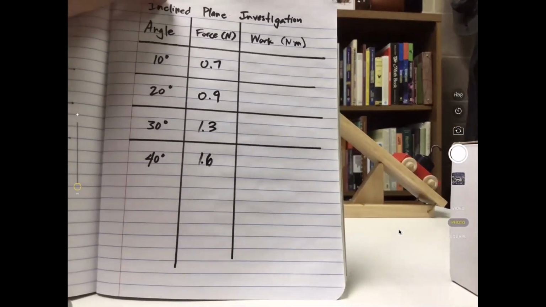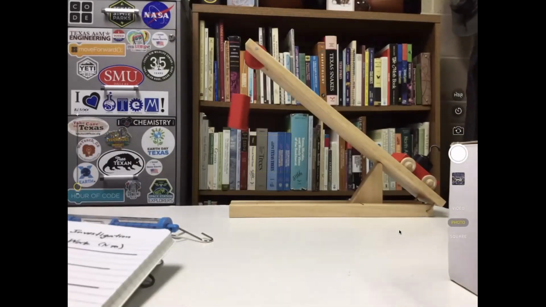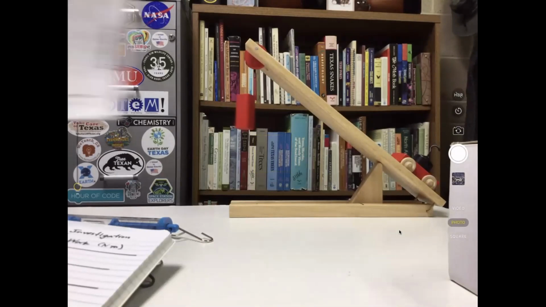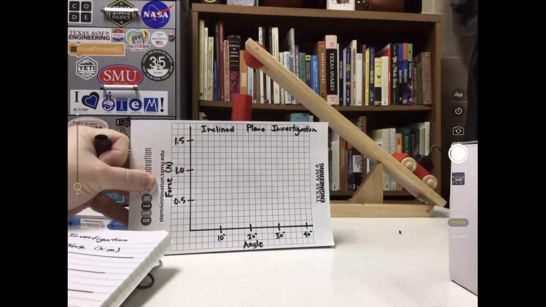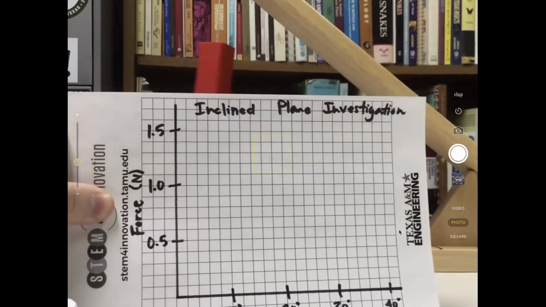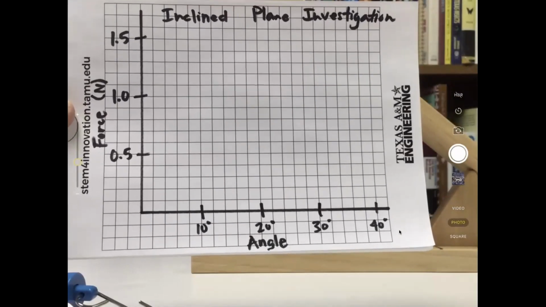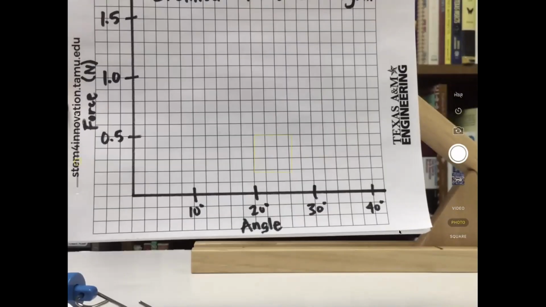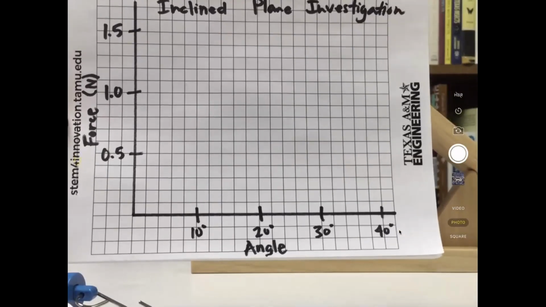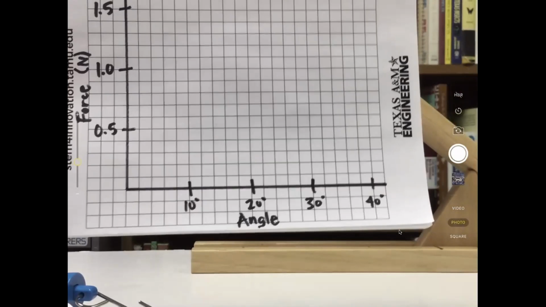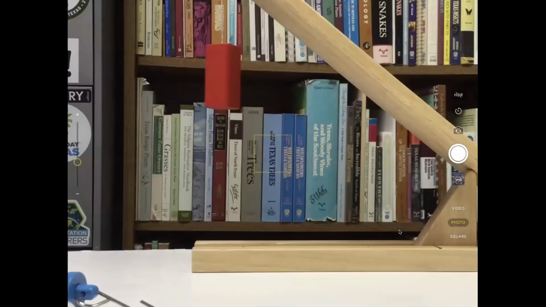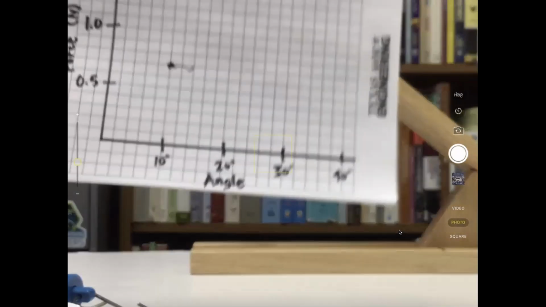And there we go. Now I can also graph that information. I've got a graph set up here. Let me zoom in just a little bit. You can see the angle is 10, 20, 30, 40, and the force is on the y-axis. At 10 degrees, it was 0.7, so I'm going to put a little dot right there at 0.7.